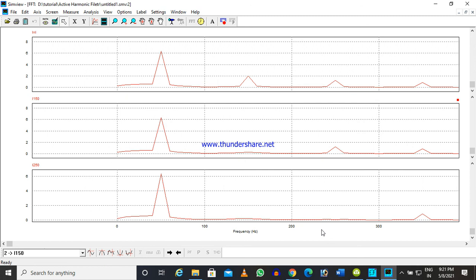So what will happen? It is just subtracted, and you will continuously get the pure sinusoidal waveform. This concept, the second one, is called the active filter.